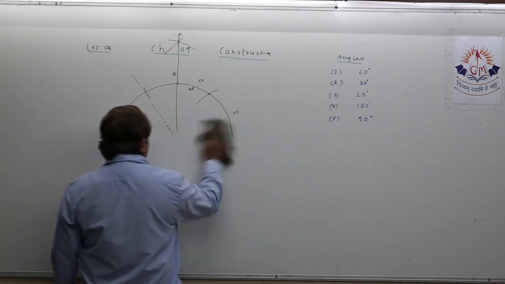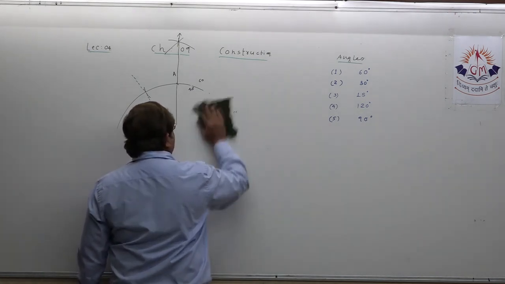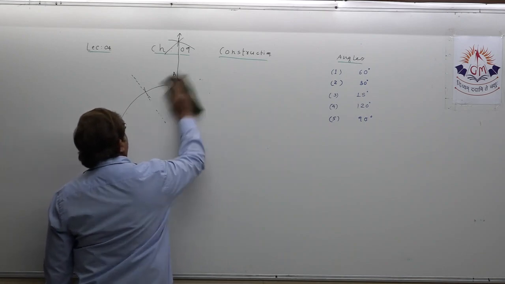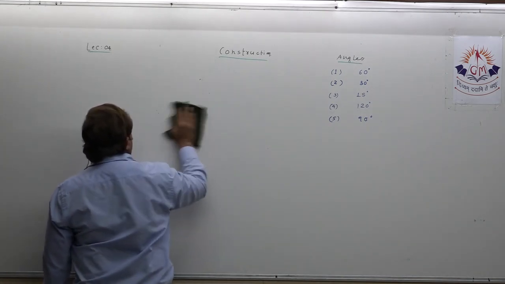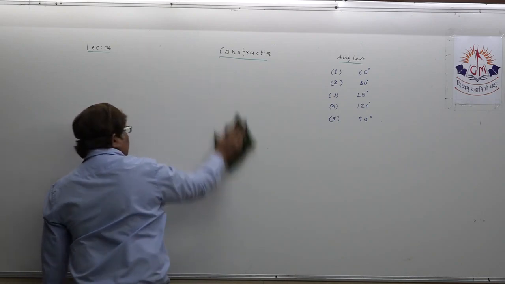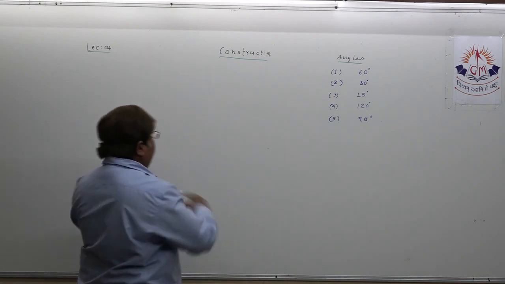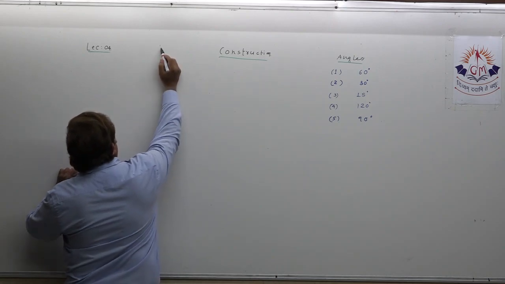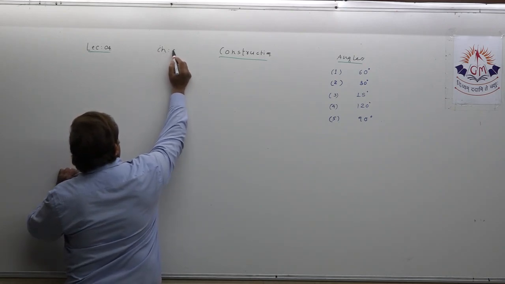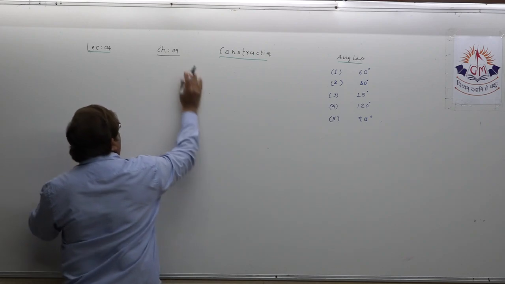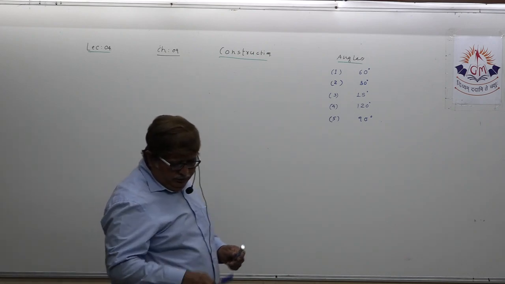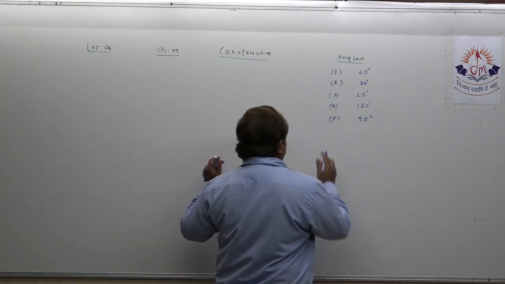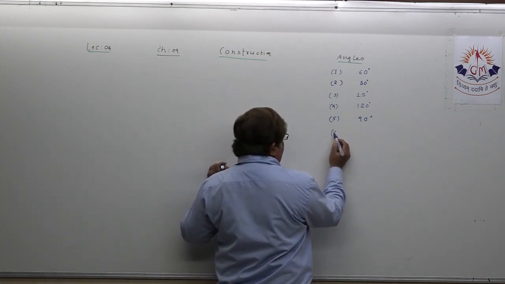Let us try to gather it, okay? Two angles together now we are going to discuss. First, we are going to discuss the angle of 105, and at the same time we will also discuss the construction of angle of 75.